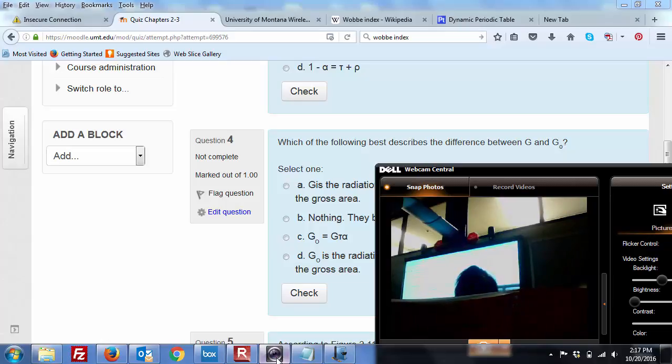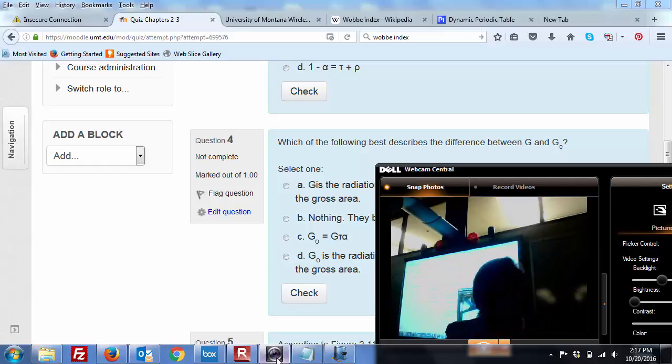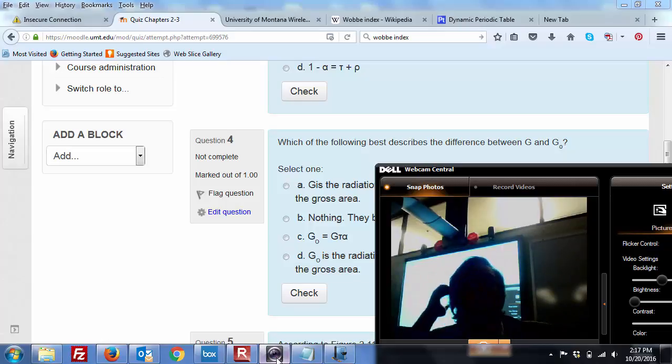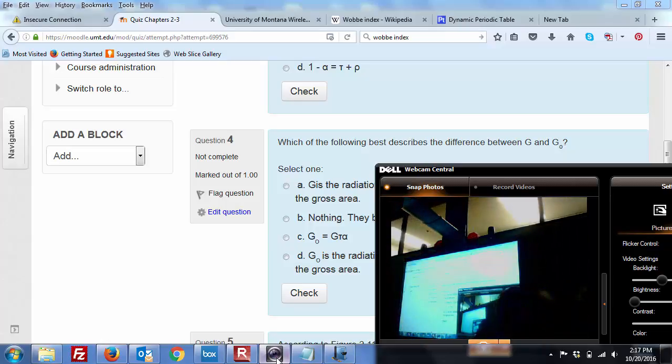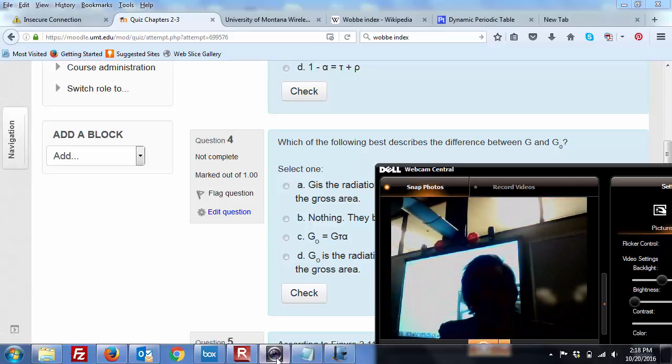G1 is what's reflected from the glazing. G2 is reflected from the absorber. Q2 and Q1 are the heat that are flowing out of the system. So the G's stand for the radiation that's bouncing off, and the Q's are heat flow. Some of which is lost, and what we're looking to maximize is Q sub A, which is the absorbed energy.